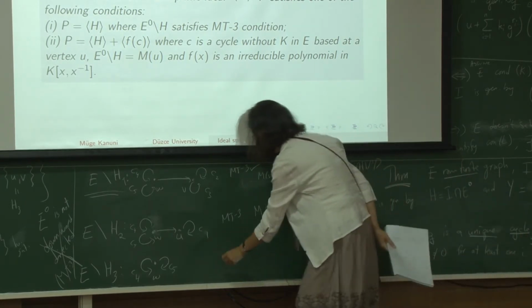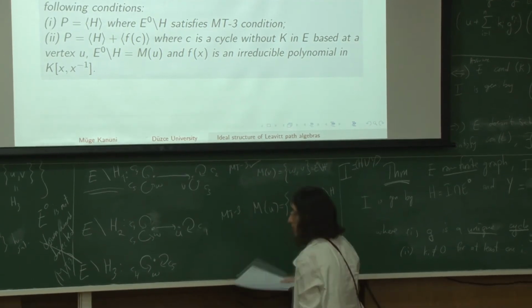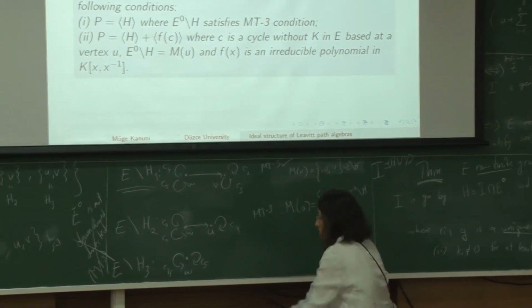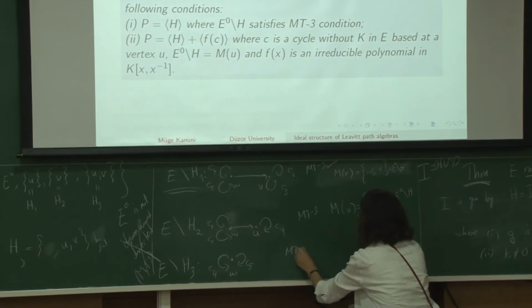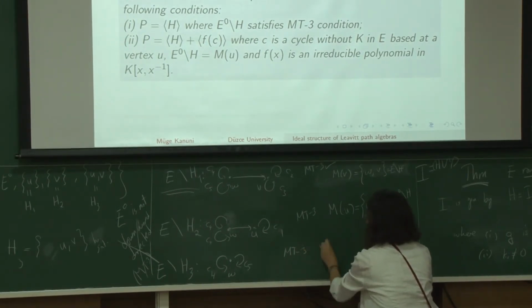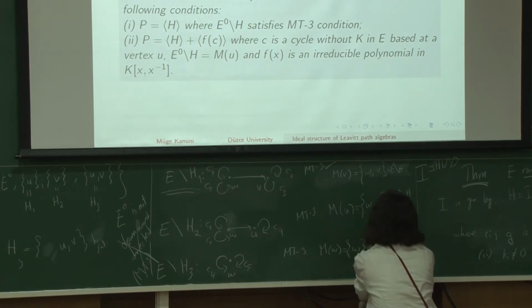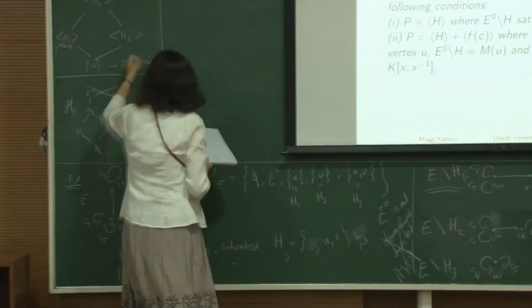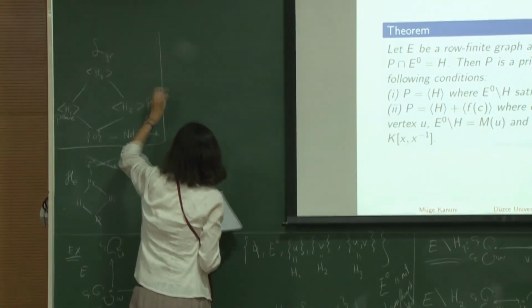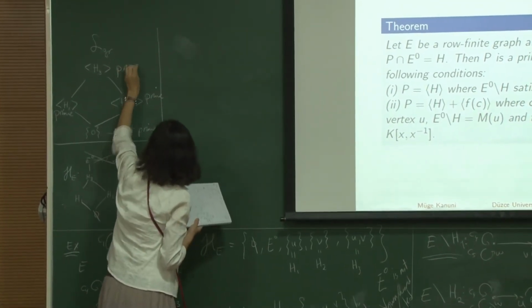And this one, you have only one vertex, W. W connects to itself. It's MT3, downward directed. So that's prime as well. It's a prime graded ideal. That's a prime graded ideal.